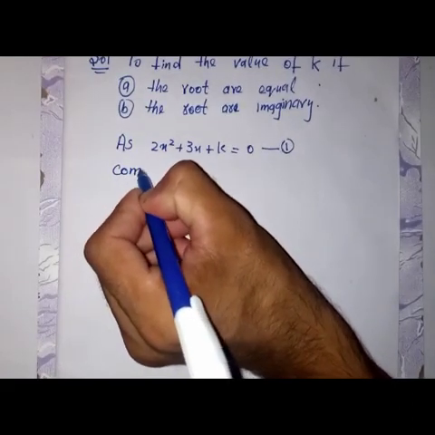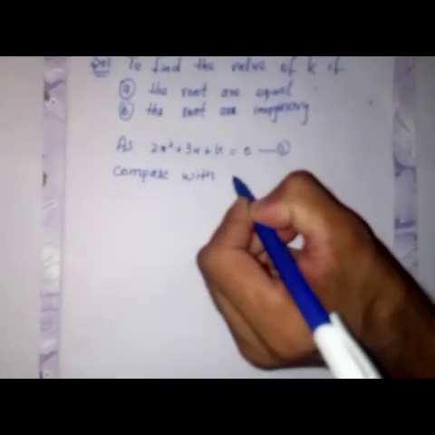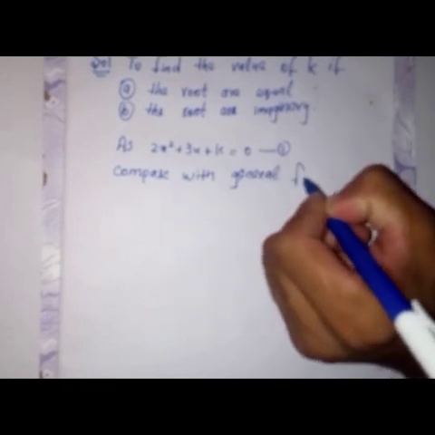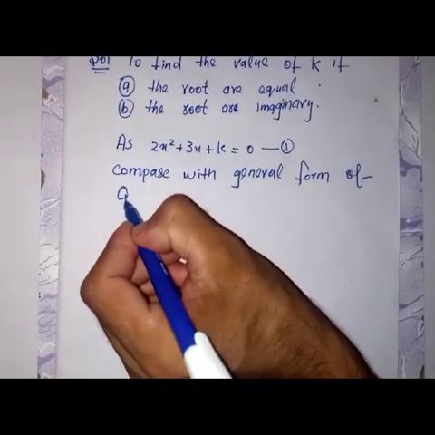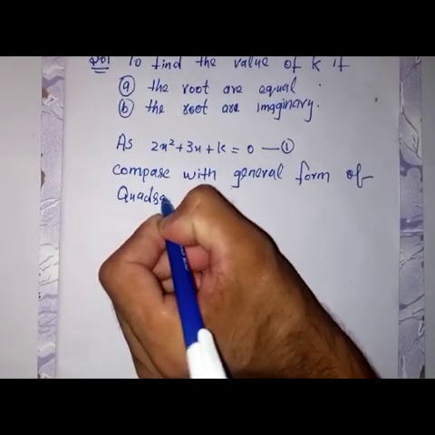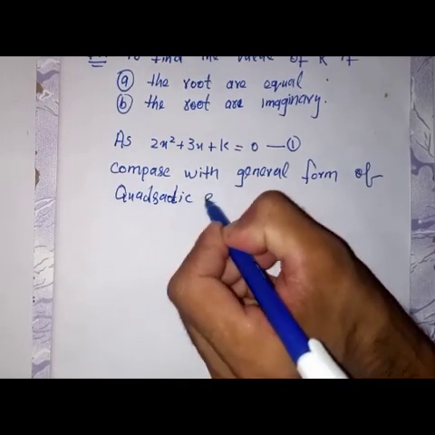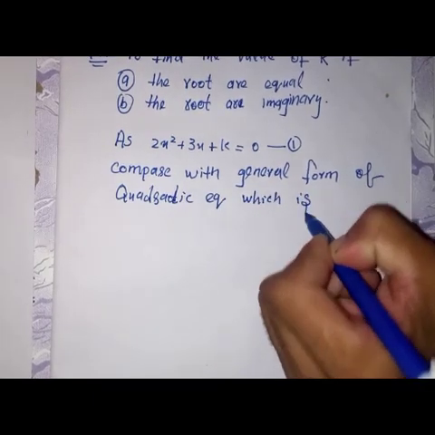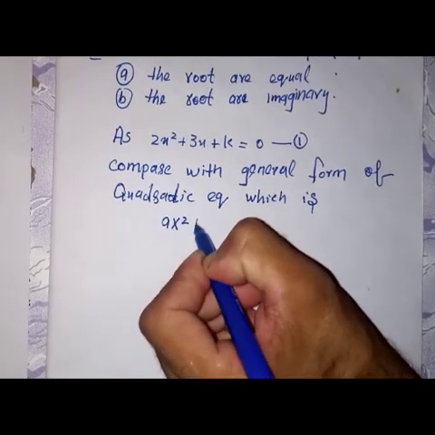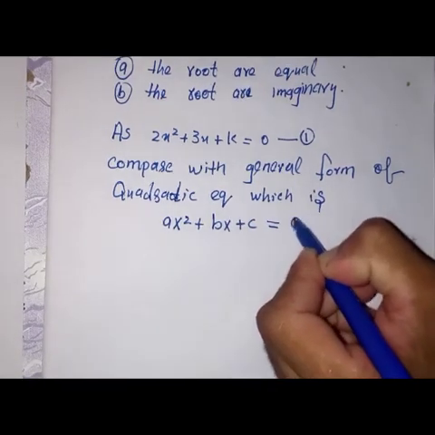It's equation number 1. We have to compare it with the general form of a quadratic equation. The general form of a quadratic equation is ax square plus bx plus c is equal to 0.